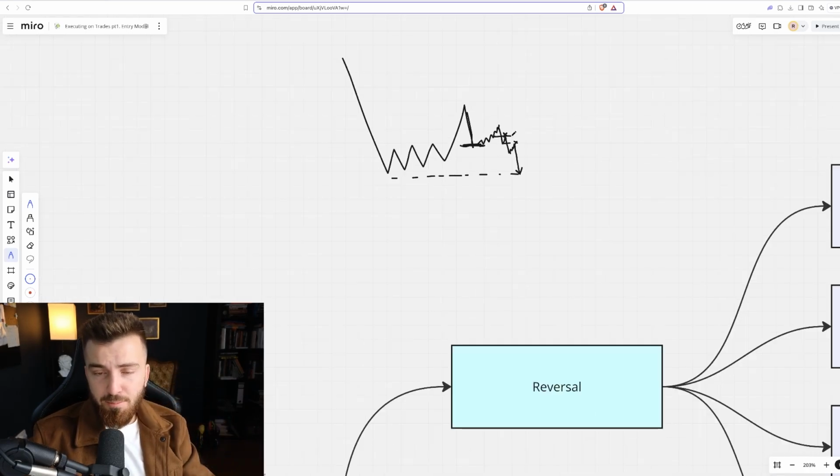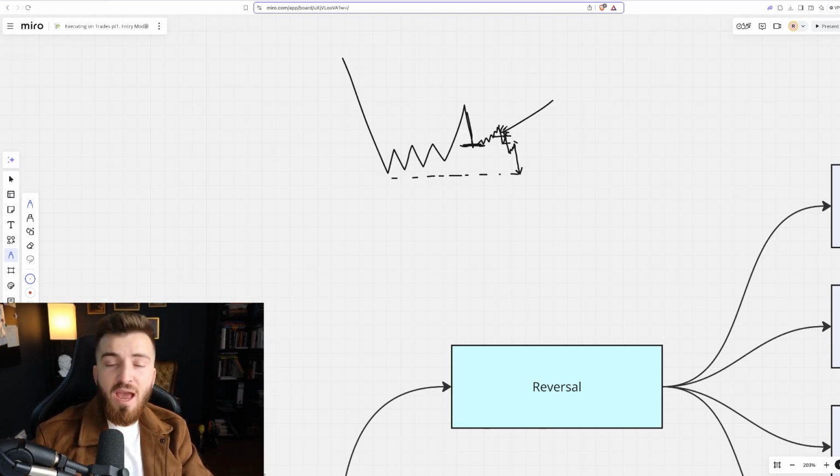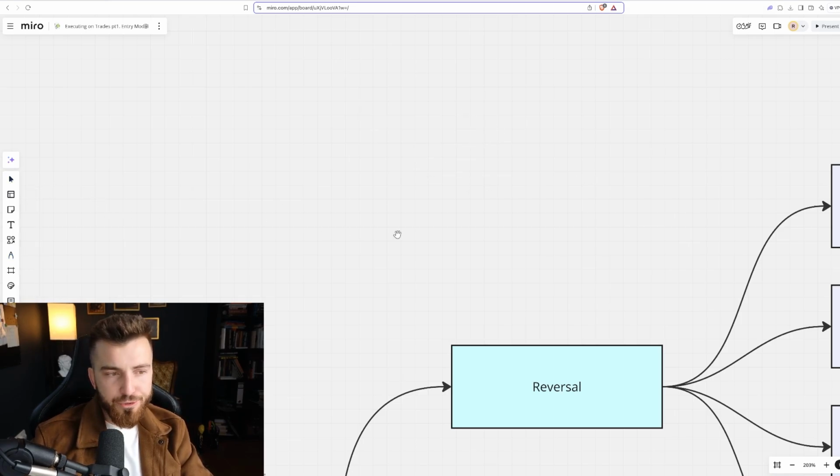So it's important to understand that when I say reversal, I'm not talking about calling this high. I'm talking about waiting for the market to show us where the high is and then moving in the direction that we expect it to go. That's when we set our limit entries or our market orders.